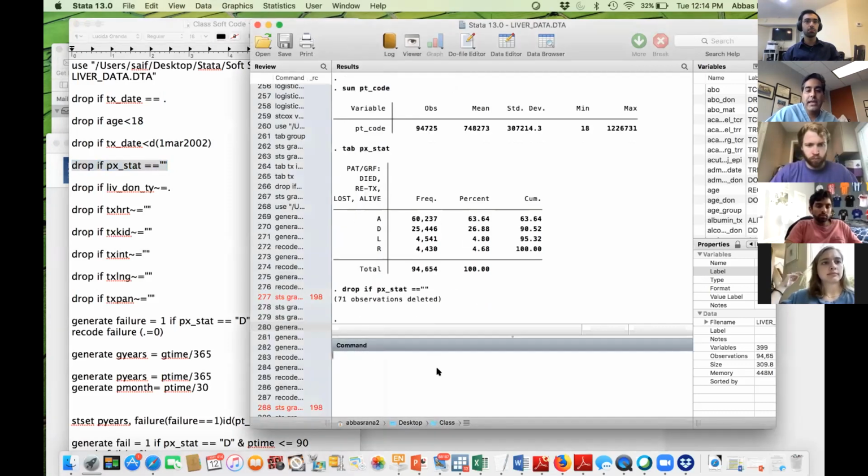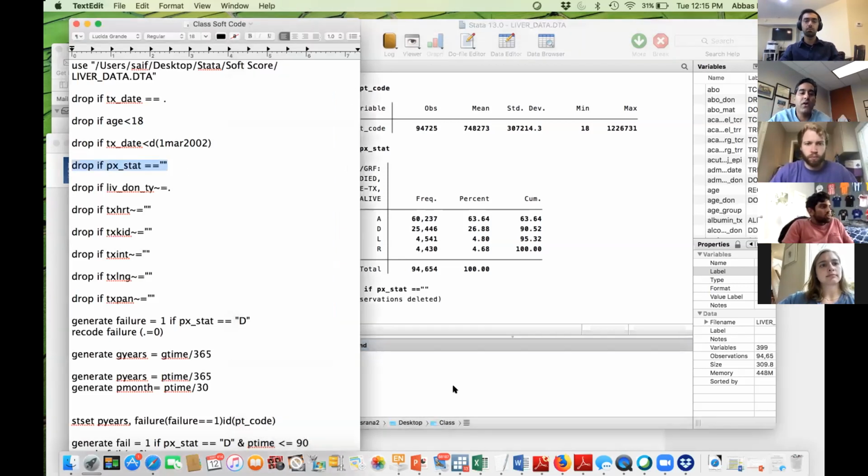You can see that only 71 observations are deleted, which is minuscule compared to 94,000. The only reason we do it is to keep the methods airtight for the purity of the methods and for publishing, even though it won't really have an impact on the analysis. And that's, again, one of the powers of the sample code: it has a lot of the stuff baked in that you'll need, that the reviewers will want or ask for.